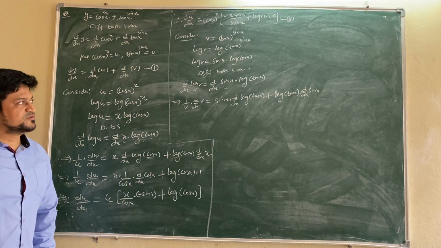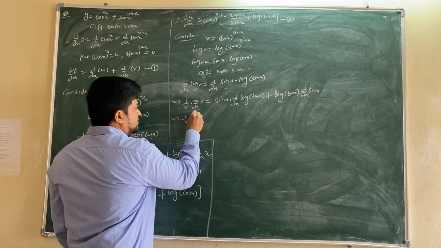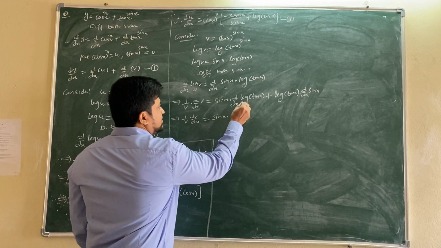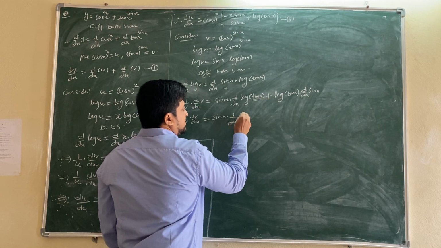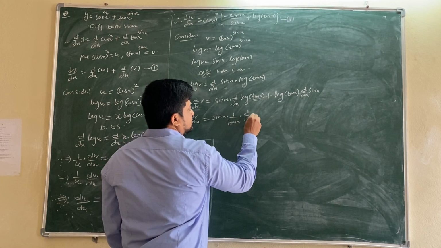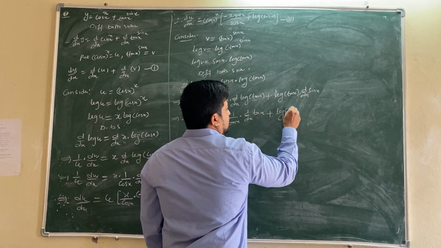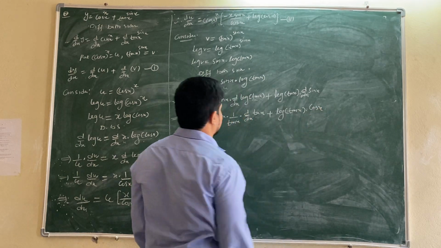So 1 by v dv by dx equals sin x into the derivative of log, this is x, 1 by tan x, into d by dx of tan x, plus log of tan x into the derivative of sin x, which is cos x.